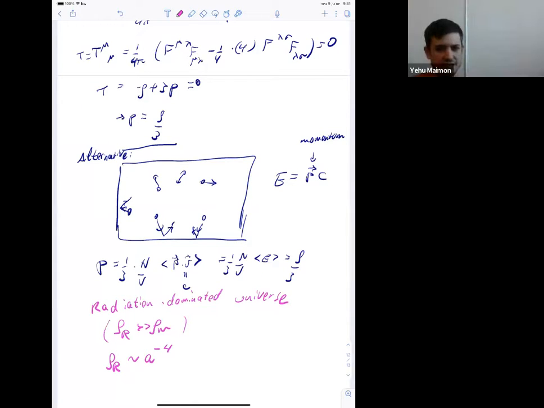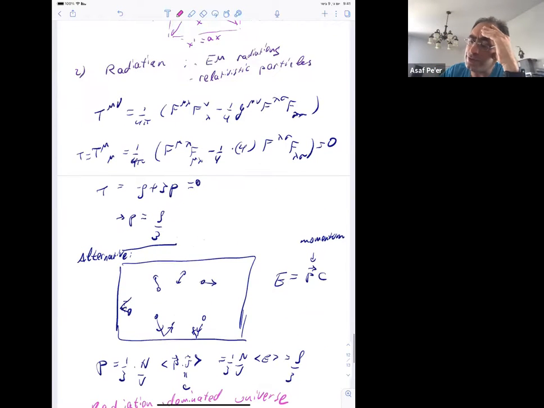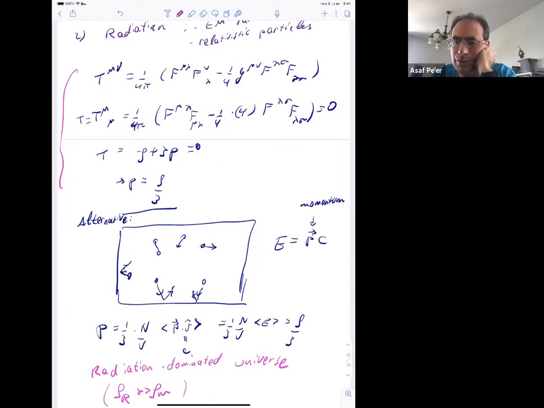Asaf, can I ask something? Yeah, you can. You keep talking about walls, but the universe doesn't have walls, right? Yeah, that's true. But when you talk about energy density, you can define a wall and see what happens inside this volume element. But that's why the correct way of deriving it is using the stress energy tensor, which I just did here. I just told you that you'll get the same result if you think of it in terms of molecules hitting the wall.